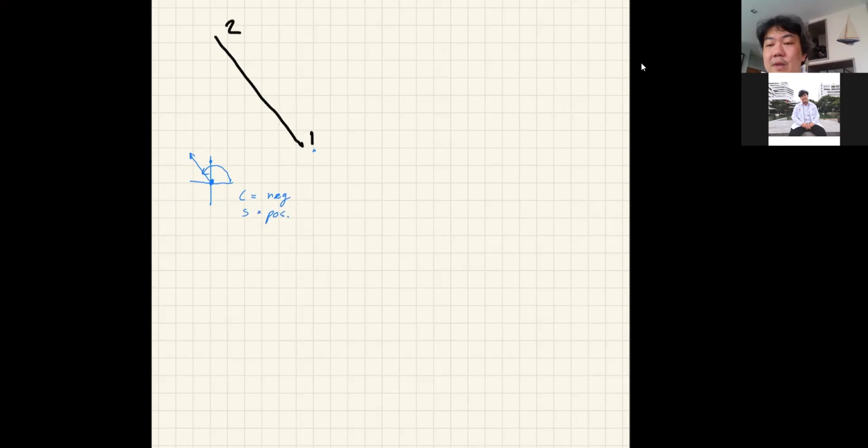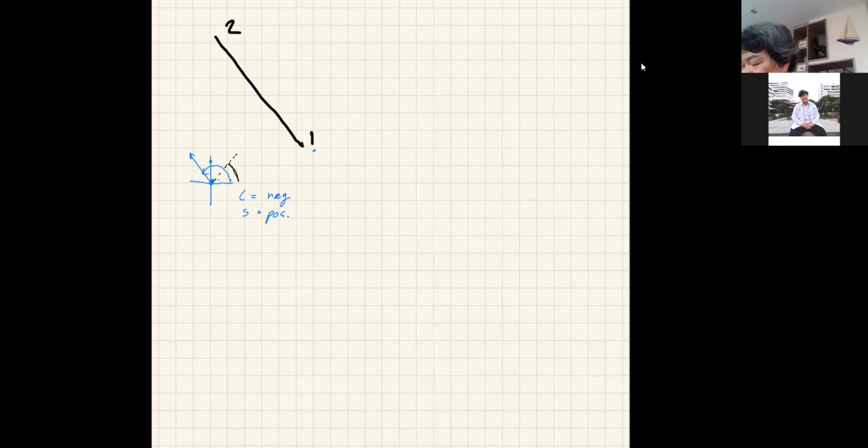I cannot believe that in so many years, some students do mess up the trigonometry because they would use the same number. But compared to member number 1, you should know that member number 1 orientation is like this, and this is the angle.